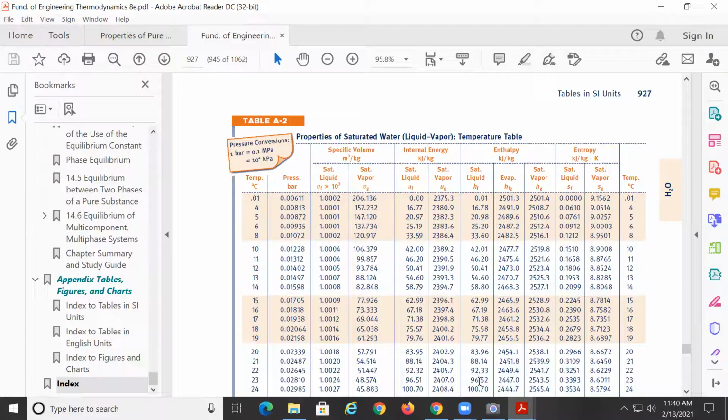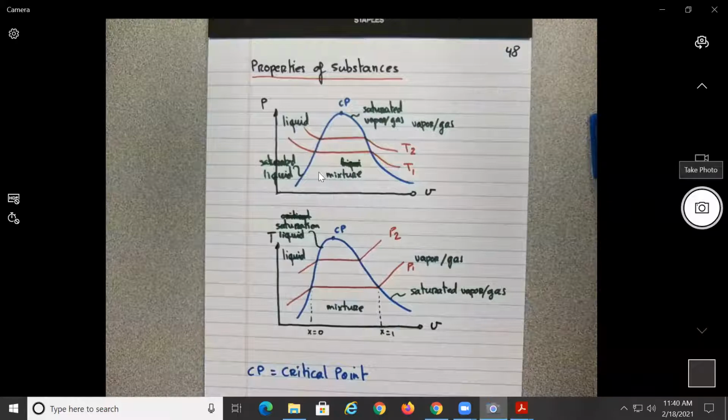Over here at x equals 0, this is saturated liquid, correct? This is saturated gas. So the table is going to give you the value of the specific volume v at this point over here: the specific volume at saturated liquid, and the specific volume at saturated gas.